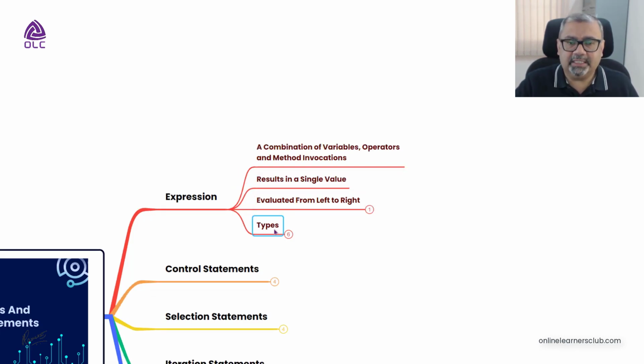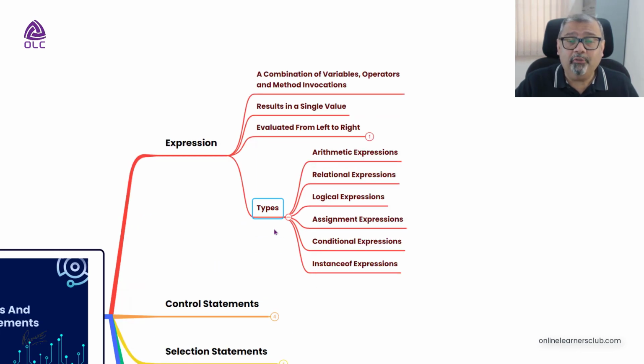Next, let us discuss the different types of expressions, based on the result that would come into picture. There is something called an arithmetic expression, which basically results in an arithmetic element, something like an integer, or it could result in float, double, etc. Next, we have the relational expression, as we already discussed, which gives me the relation whether it's greater than or less than something.